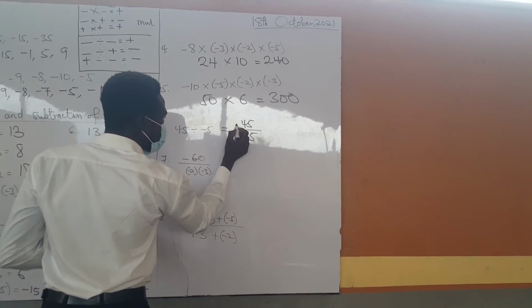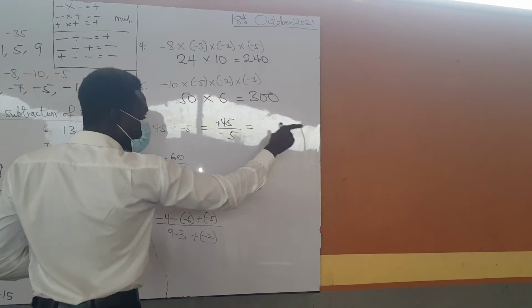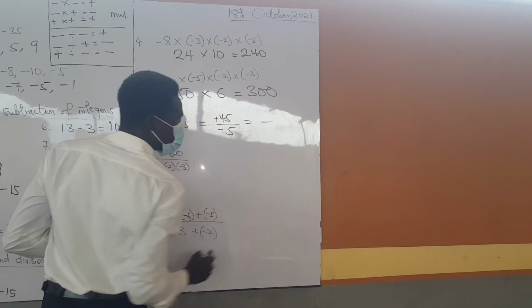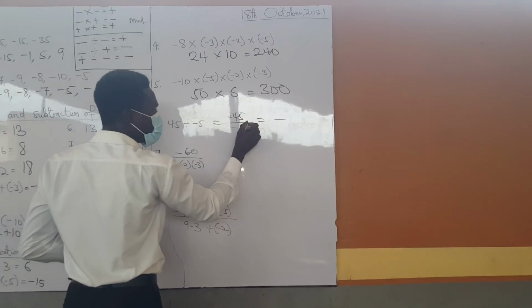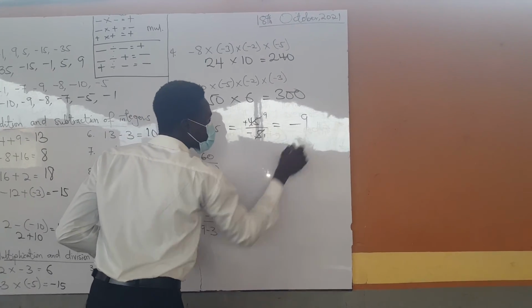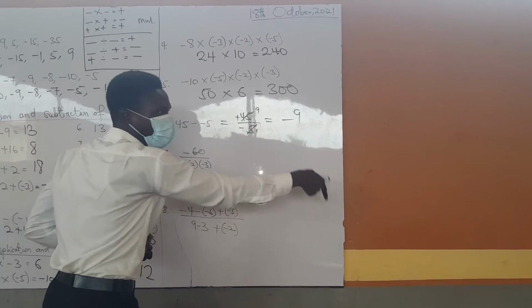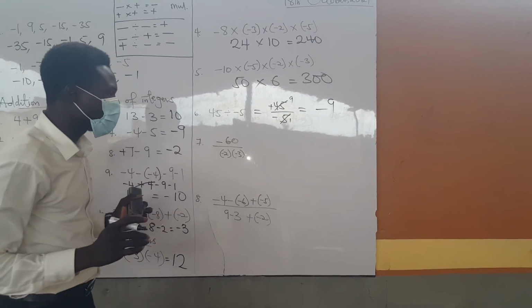So the sign here is positive. If positive is being divided by negative, you are going to get a negative answer. How many times will 5 go into 45? 5 times 1 is 5, 5 times 9 is 45. So our answer becomes negative 9. That is the rule, and if you do this, we are correct.